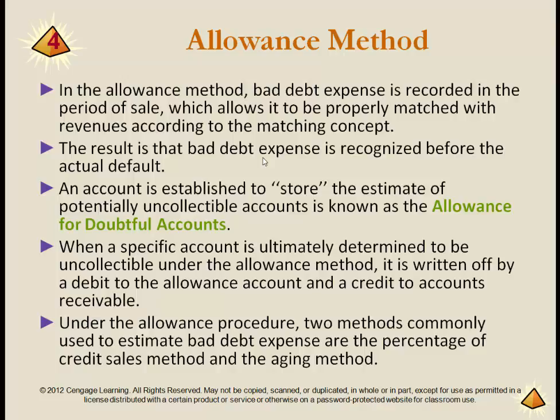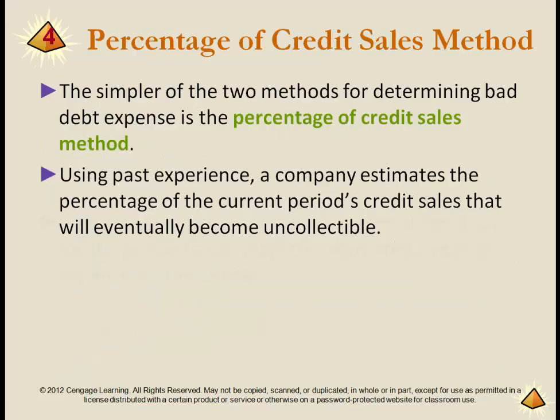But if you go back into the notes of the financial statements, you are going to see accounts receivable, the gross balance, and then the allowance for doubtful accounts balance. They make an estimate of that for different reasons. And when they determine that it's not collectible, then they're going to write it off, and there's a different way to deal with it. I'll show you that in a minute.